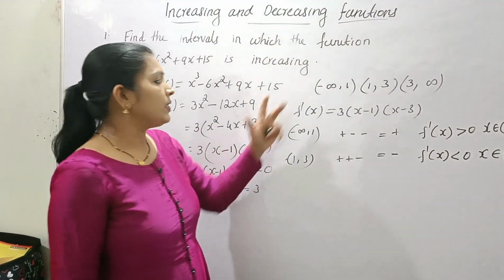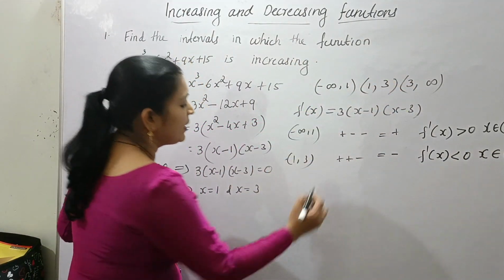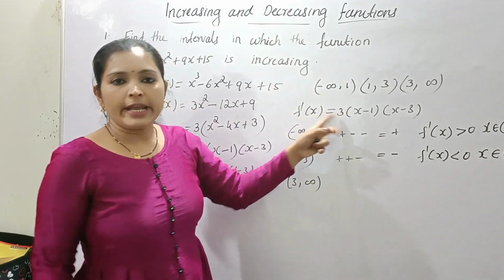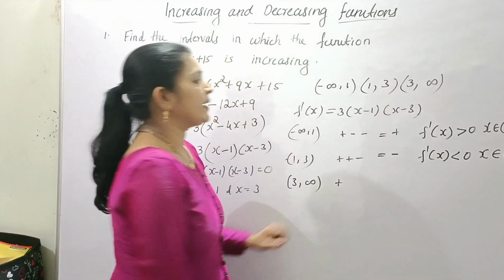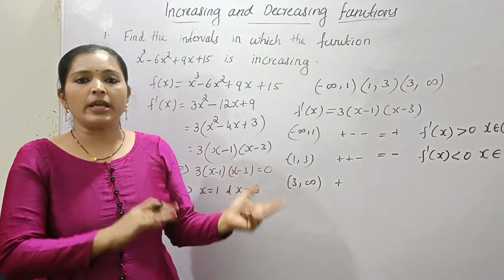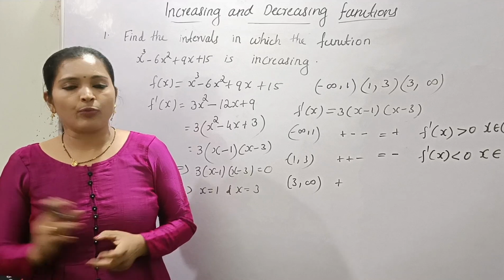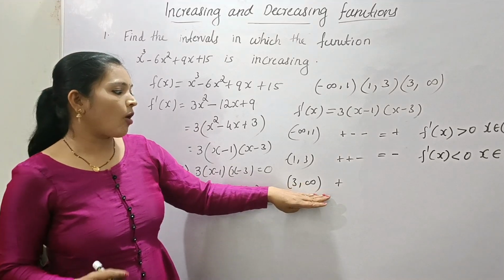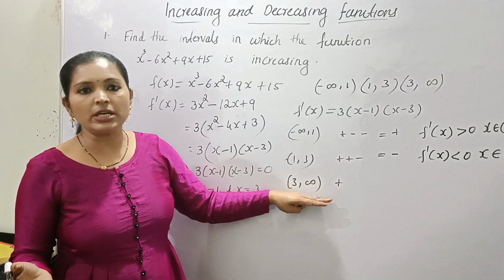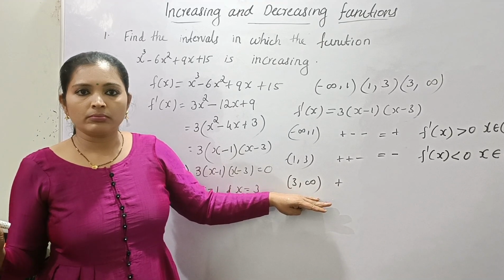Then what about the third interval, that is 3 to infinity. Here the values between 3 and infinity are all positive values, right?